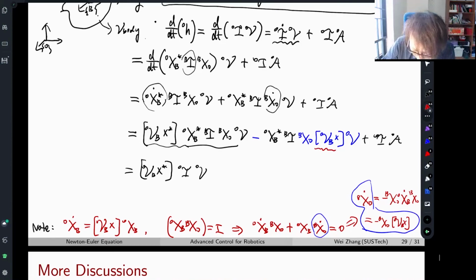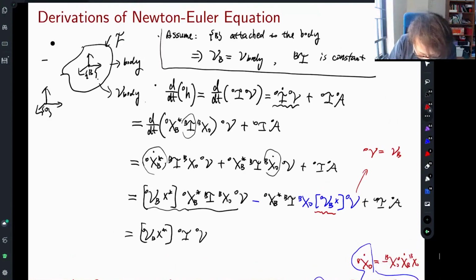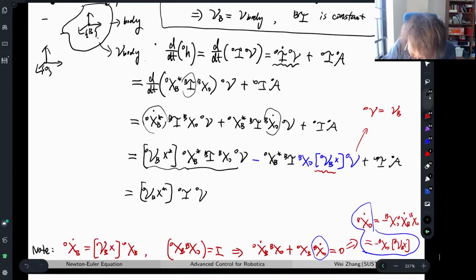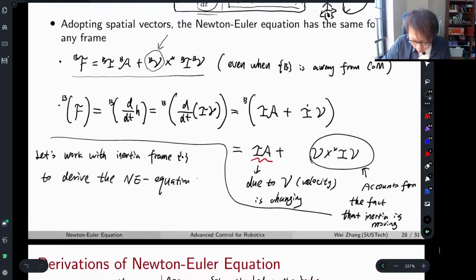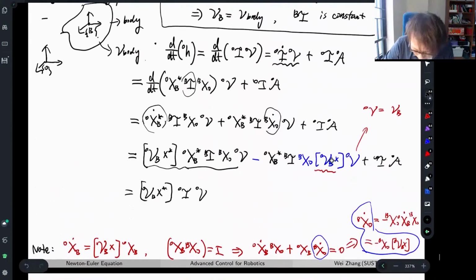The V of the body equals the V of the frame, as I mentioned before, so they are rigidly attached to each other. The spatial cross product has the same property as the R3 cross product: a vector crossed with itself is always 0. So this term disappears, and what we have is plus I_O inertia times acceleration.